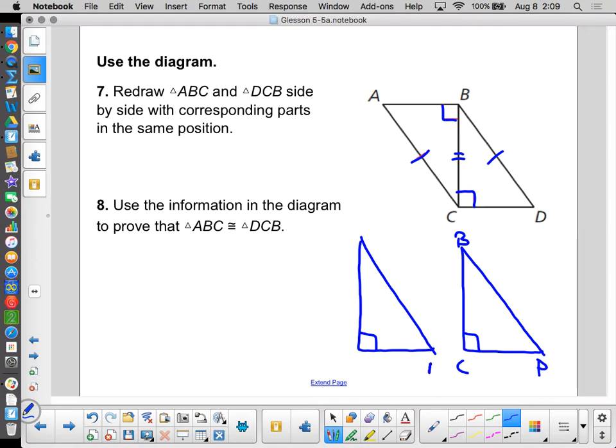So this angle A is over here now, this angle B is down here, and this angle C is up here. Now I can see more accurately what's going on, but it's a little tricky to notice that this BC and this BC are the same because the letters are flipped around. But if you do notice it, it's a pretty quick way to see hypotenuse leg.